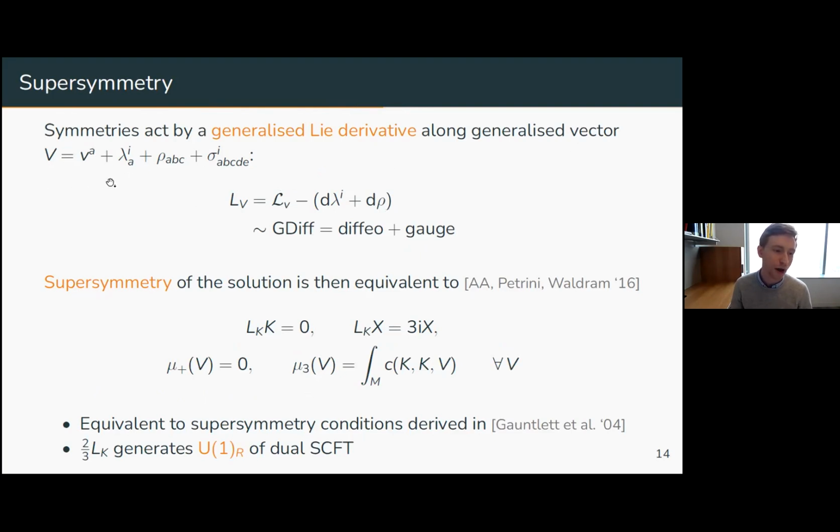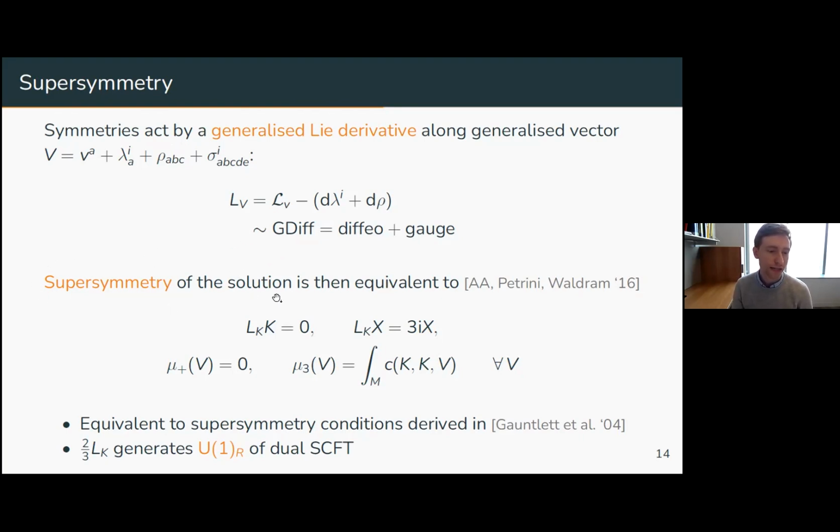And V has some vector component, some 1-form components, some 3-form components, and so on. And this is such that the generalized Lie derivative effectively does a Lie derivative for you and also a gauge transformation at the same time by these 1-forms and 3-forms. So in other words, this Lie derivative generates the group of generalized diffeomorphisms, which is just diffeomorphisms and gauge transformations.